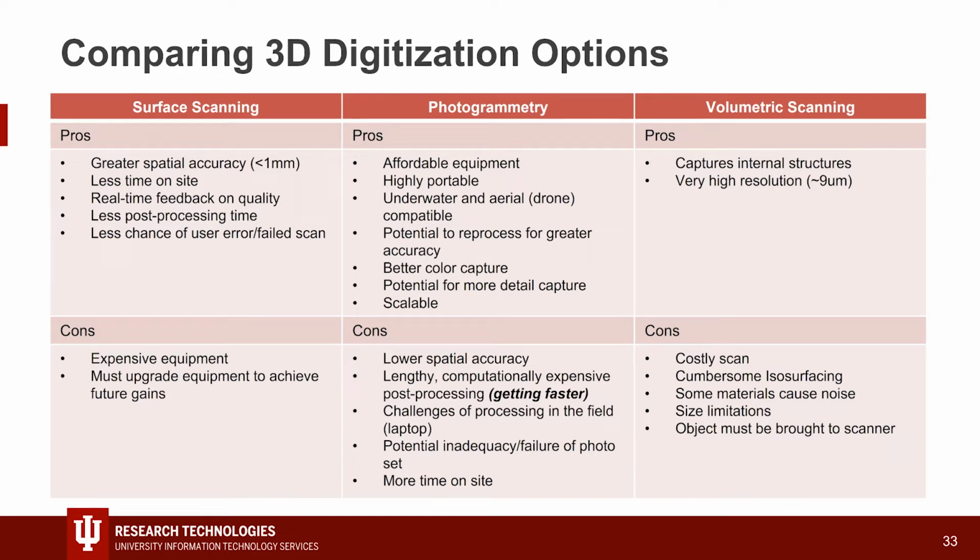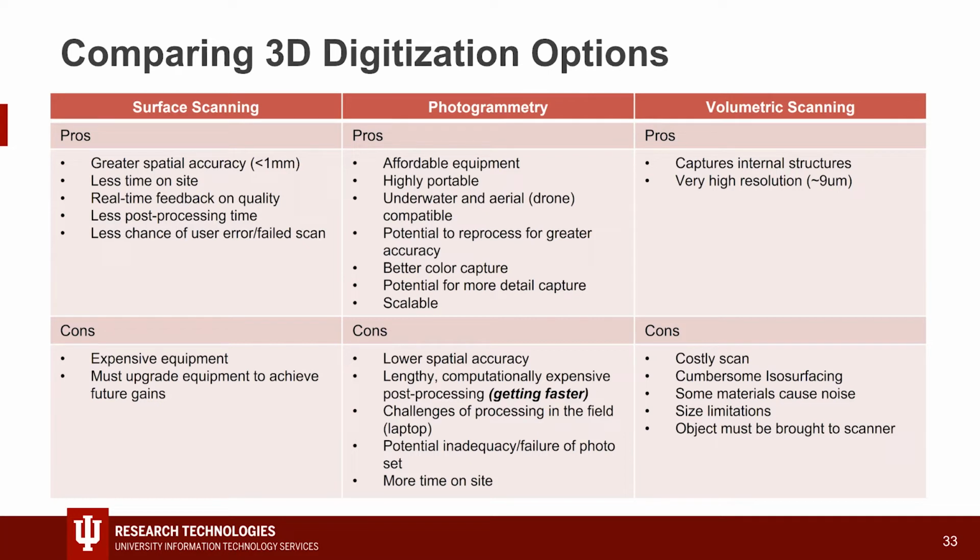And then volumetric scanning, the pros are you capture these internal structures. So those bones, they were studying songbirds and how they make sound in their head, which is why you had that sort of bird-like picture on the slide. Very high resolution. Cons, we have to rent the CT scanner at the moment from the hospital, correct? So it's like $250 an hour, maybe?